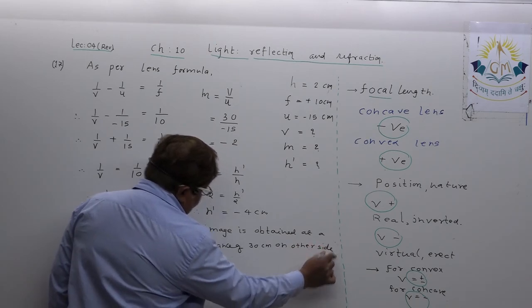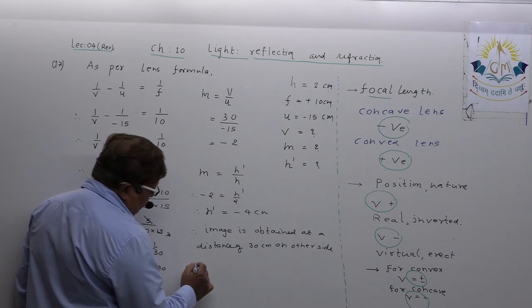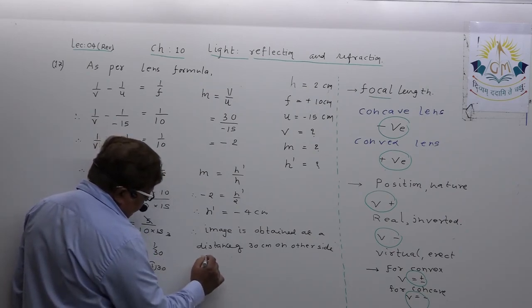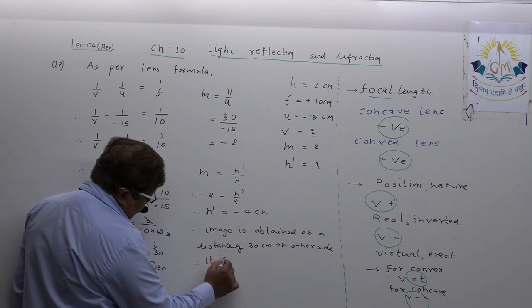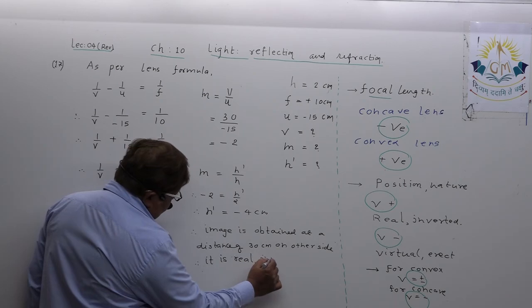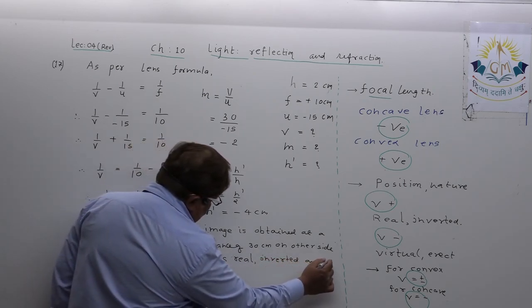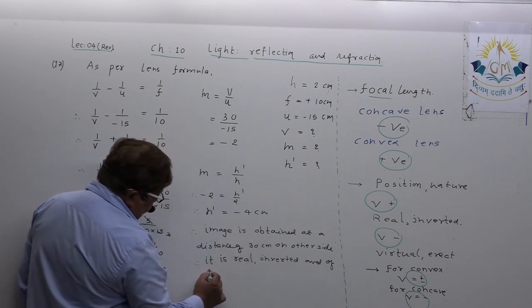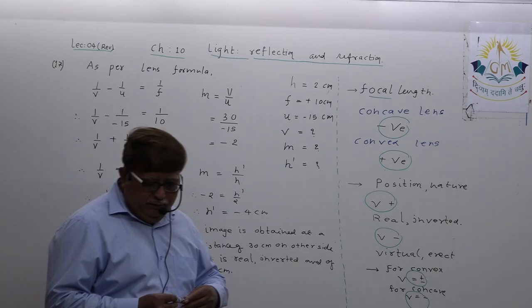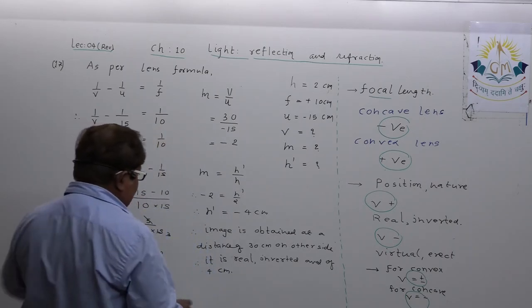These words are sufficient. On other side. What can you guess about the type from this? It is real, inverted, and of 4 centimeter. Okay. Just have a look at the sum and just have a look at the highlights.